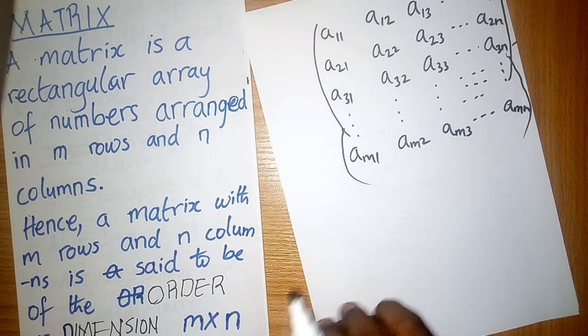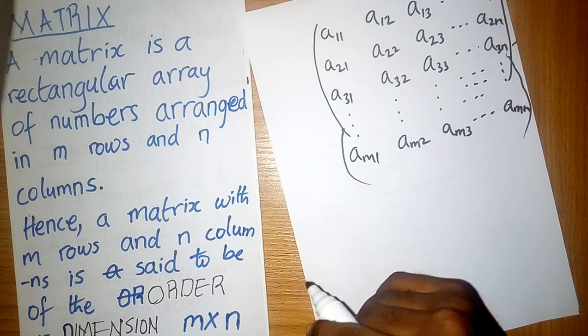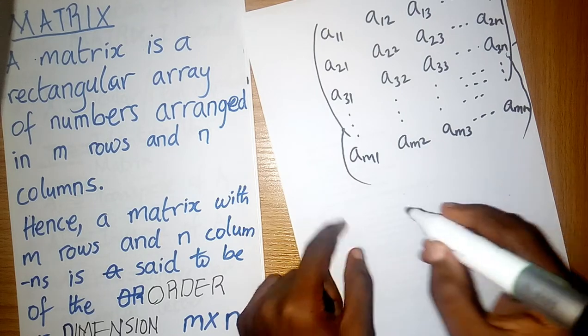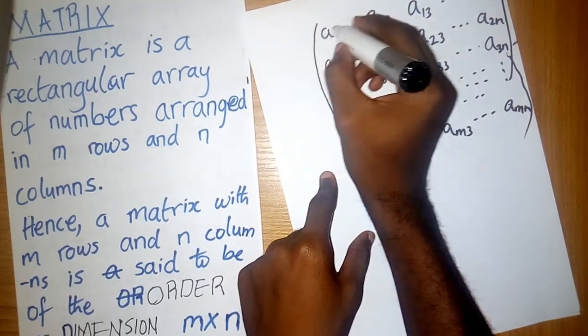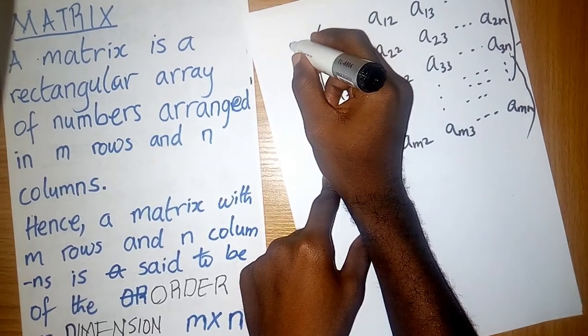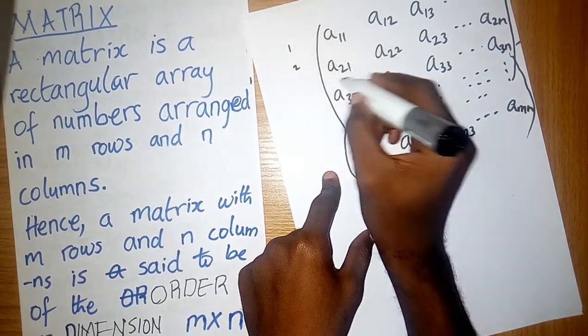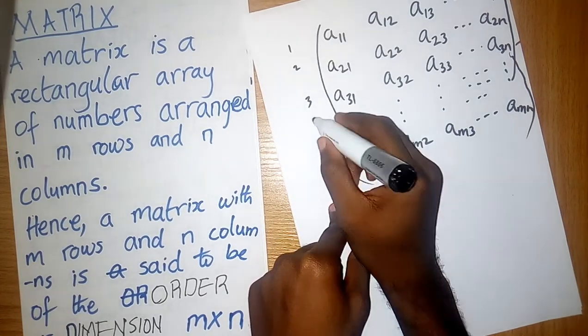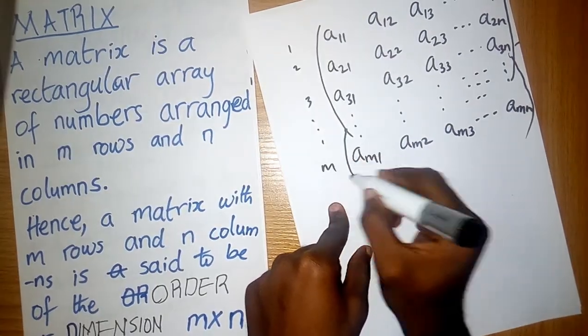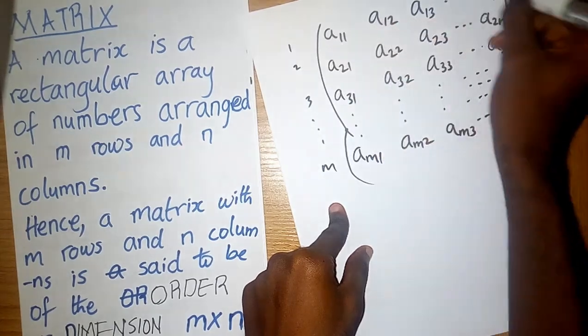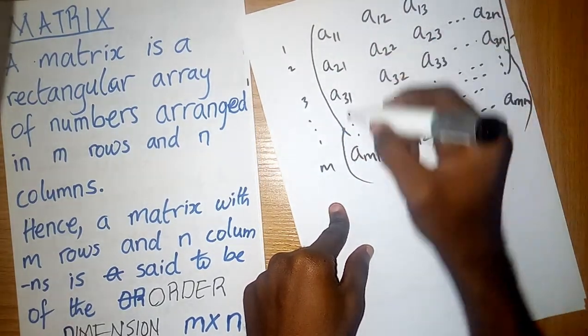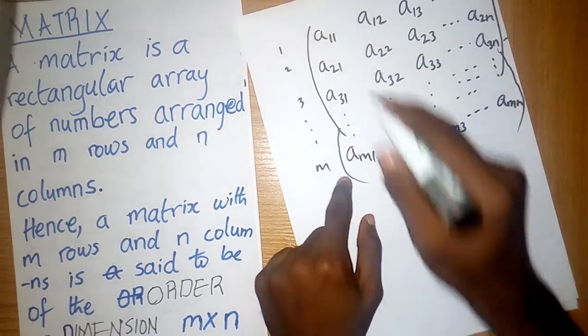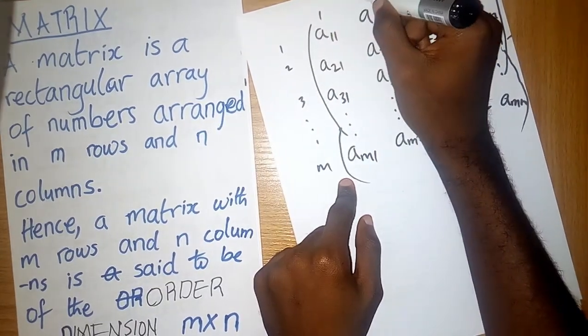Now when we say the number of rows, we have 1, 2, 3, up to m. So we have line 1, line 2, line 3. That is our row.